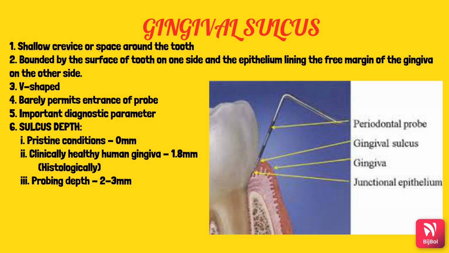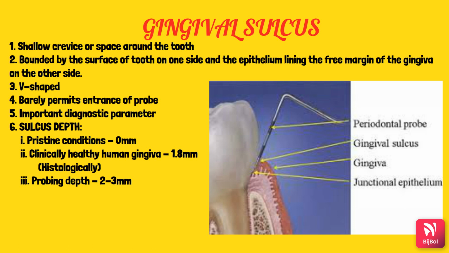So here I have stated that the probing depth is 2 to 3 mm. So what happens when the probing depth is more than 2 to 3 mm? That condition is called a periodontal pocket. It is a pathologic condition. Another point I want to emphasize here is sulcus depth measurement is an important diagnostic parameter, but it is not the primary diagnostic parameter to differentiate between the healthy gingiva and the diseased gingiva.